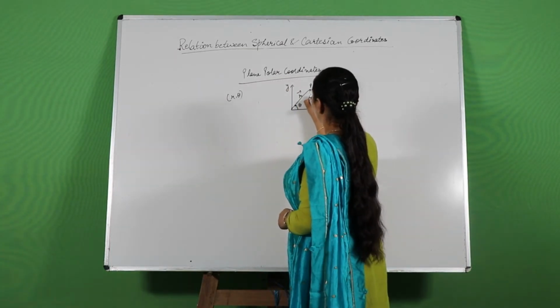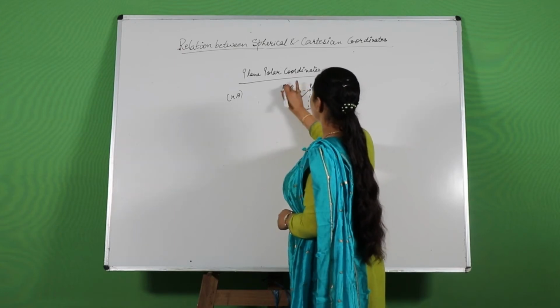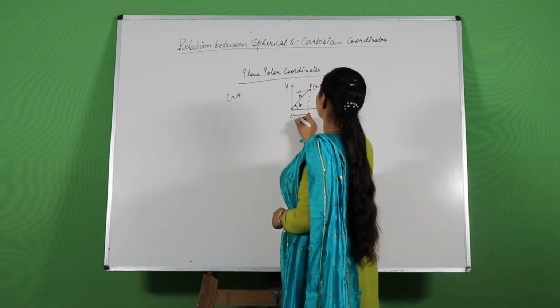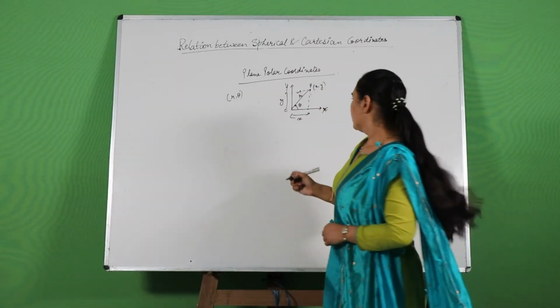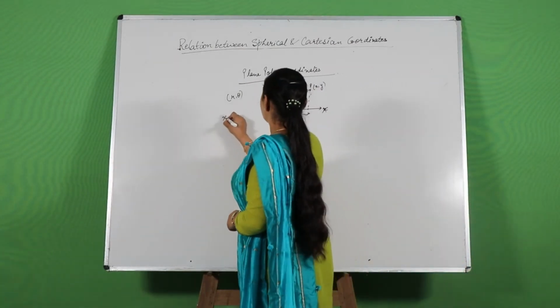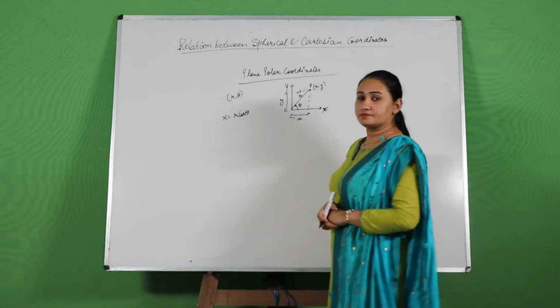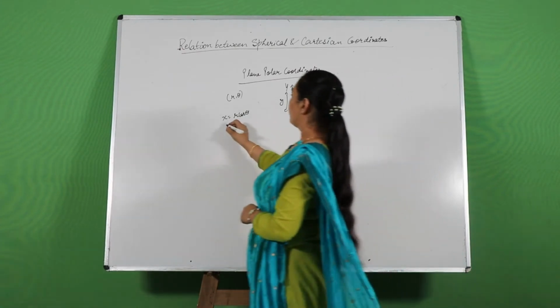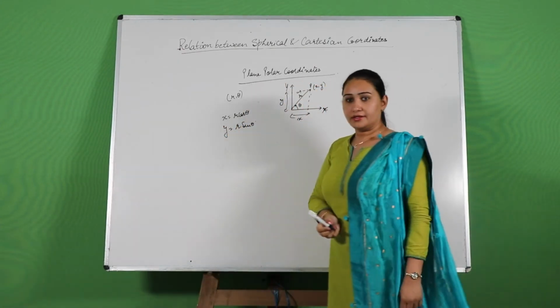If I draw perpendicular over here, this is your x-axis, this is your y-axis, and this distance is small x, this is small y. Then x is equal to r cos theta and your y is equal to r sin theta.